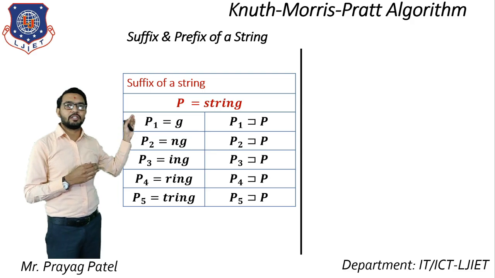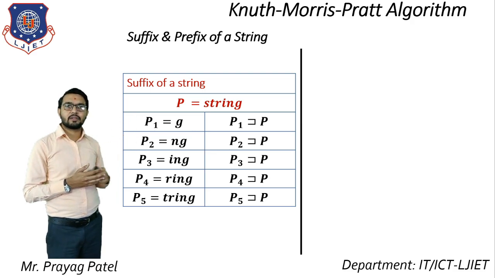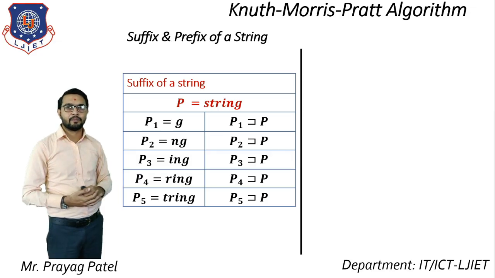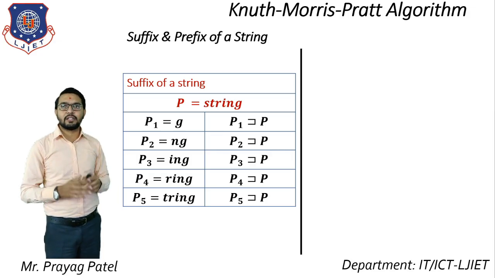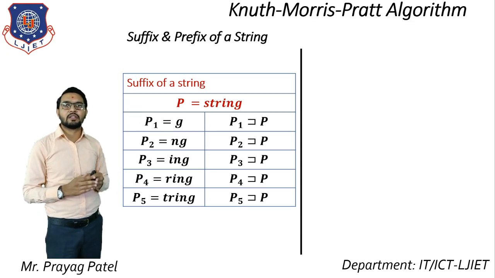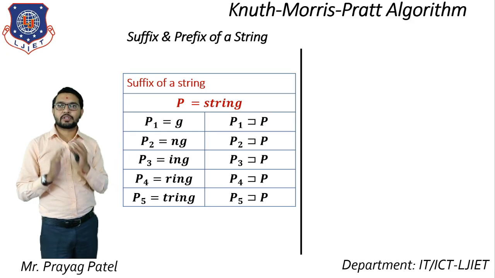So initially consider g as a suffix, then ng as a suffix, then ing, then ring, then tring as a suffix. Your whole string is not considered a suffix; all the remaining parts of your string are suffixes, pairing from the last element to the first element.